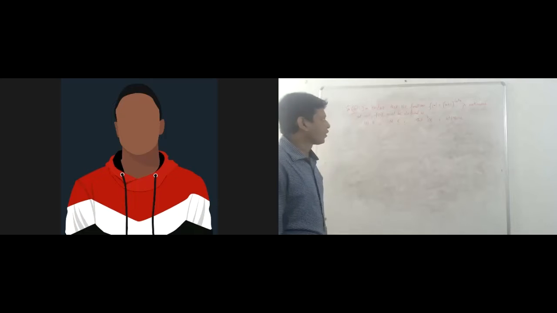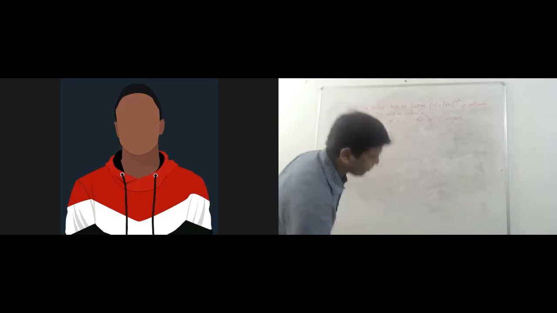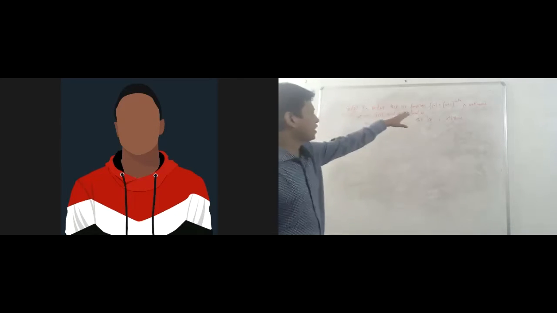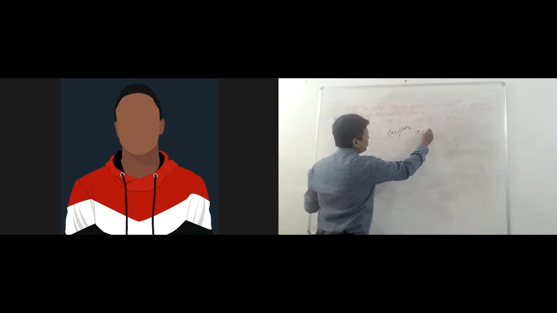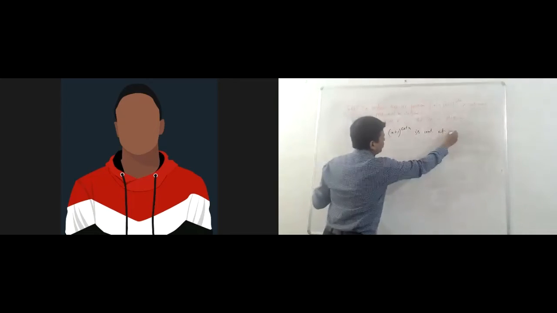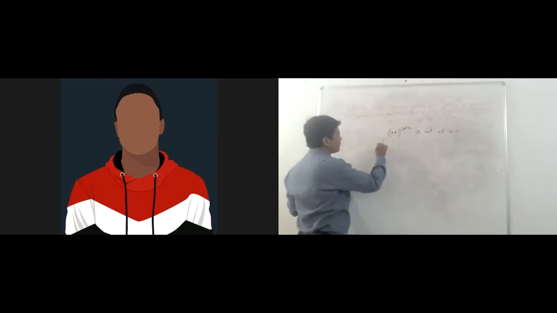In order that the function fx equal to x plus 1 whole to the power cot x is continuous at x equal to 0, f0 must be defined as what? What should be the value of f0 for the function to be continuous? Oh, this is a red pen, that is why it's not visible. Okay, I will write with a black pen, sorry.